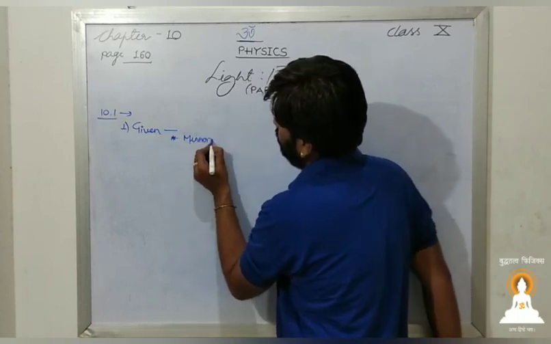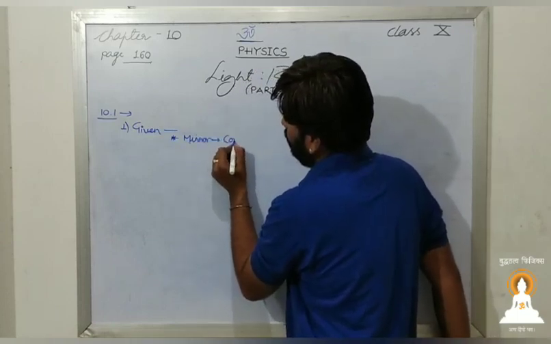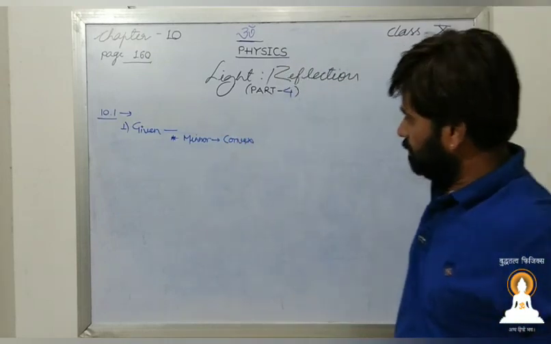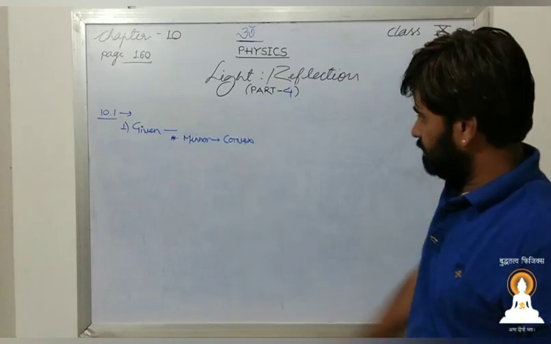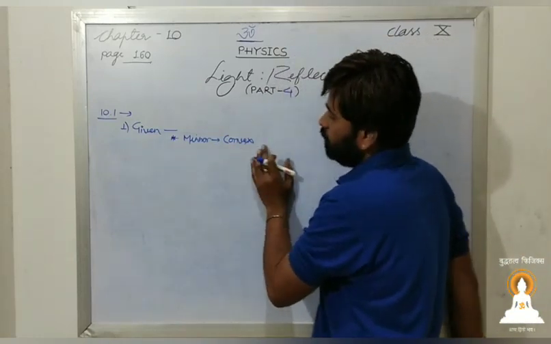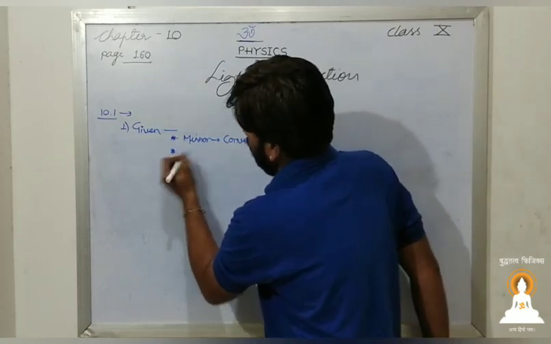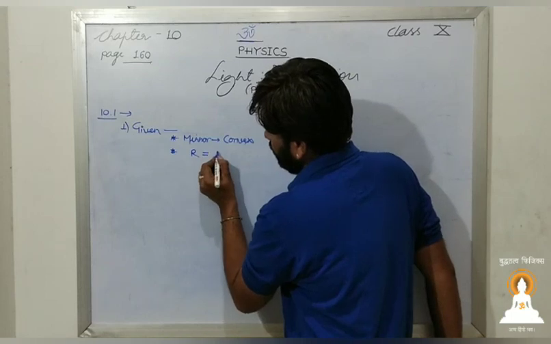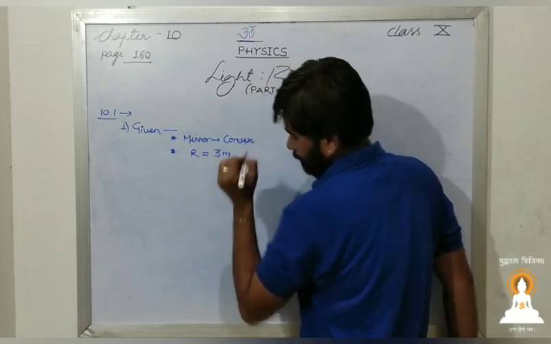Convex, it is quite obvious. In our bike, the side mirror is nothing but the rear view mirror, that is a convex mirror. Then they have given the radius of curvature as 3 meter.